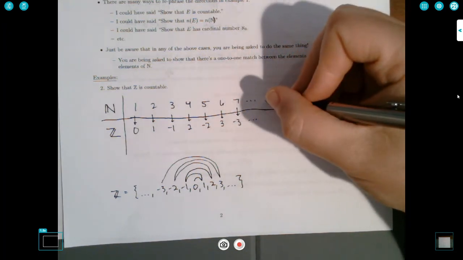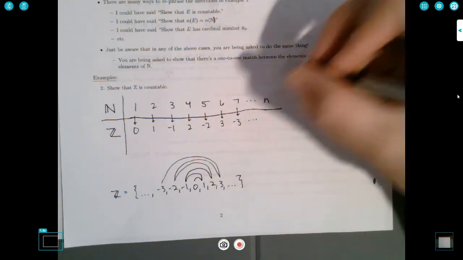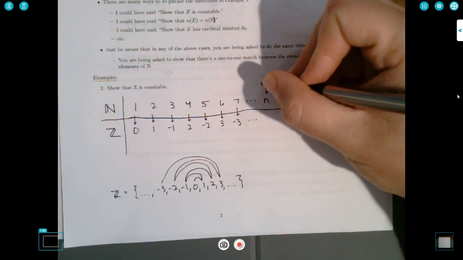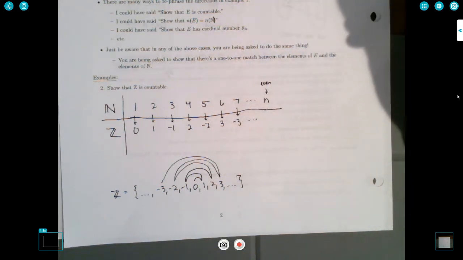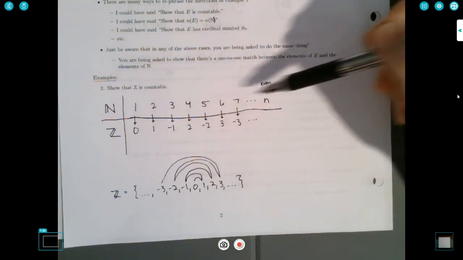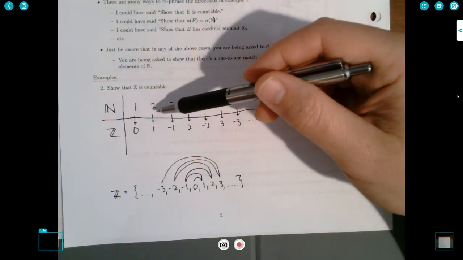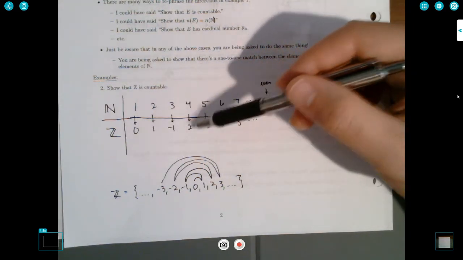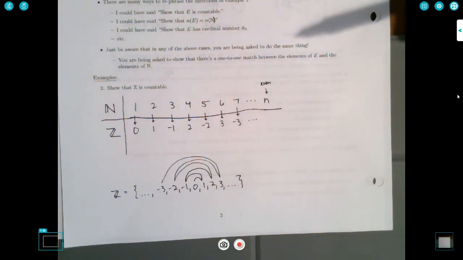Let's say I get to n here, and let's say that n is an even number. If n is even, what is it getting mapped to? Notice that all the even numbers get mapped to positive numbers. 2 gets mapped to 1, 4 gets mapped to 2, 6 gets mapped to 3.